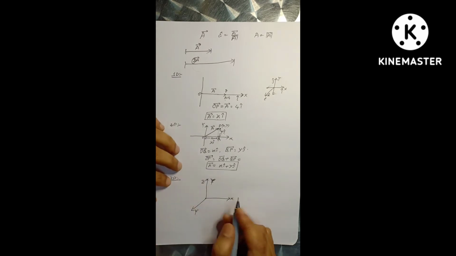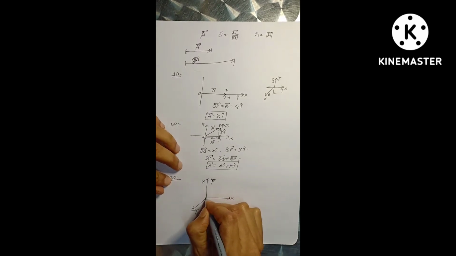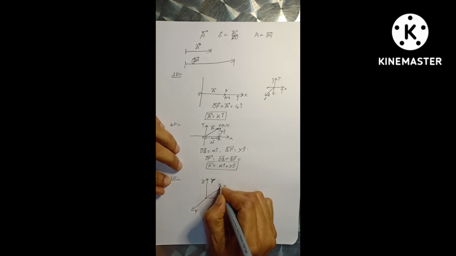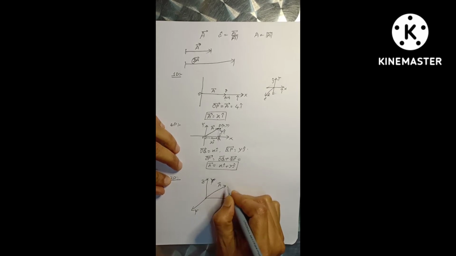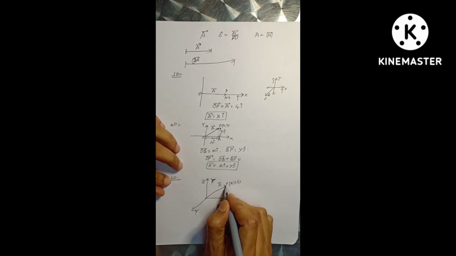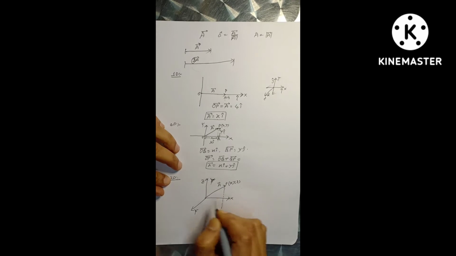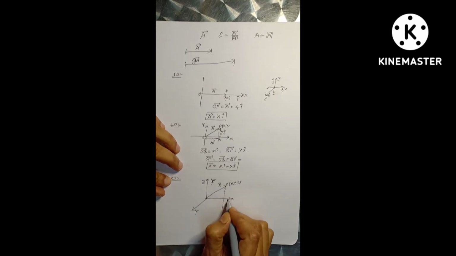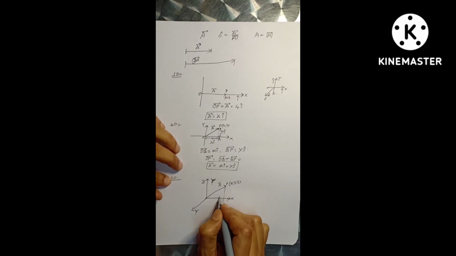If we represent a vector, the point P can be represented by x, y, z. That means along the x-axis it will go up to x, and the vector can be represented by x i cap.